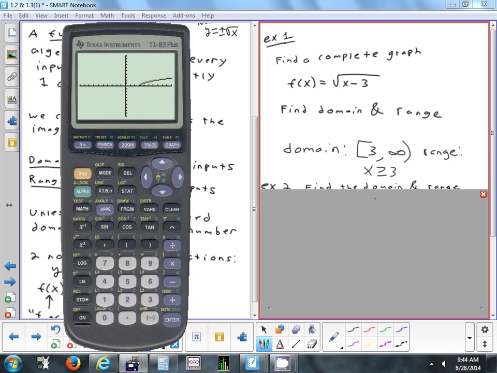If you plug in 3, you'll get 0. And then as you start plugging in numbers higher than 3, the range goes up to infinity. So the way we write the range is 0 to infinity. Bracket, because we actually reach 0. Parenthesis on infinity, because you can never reach infinity.